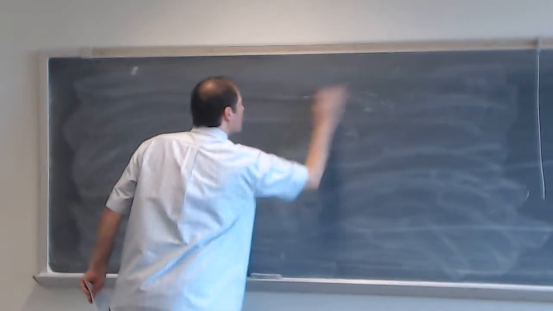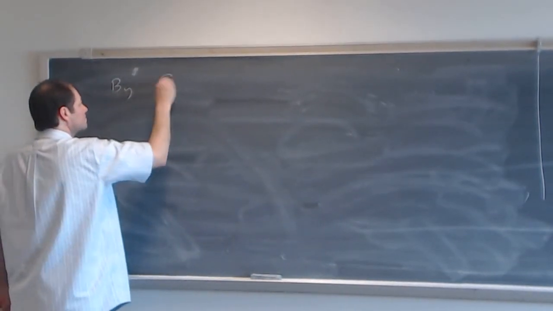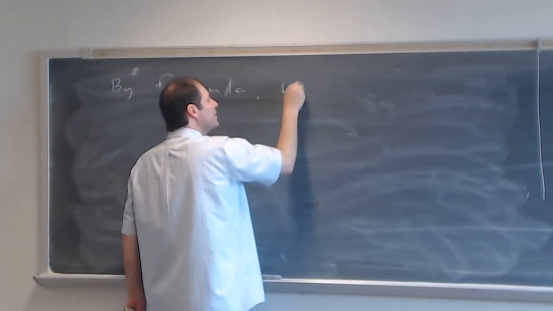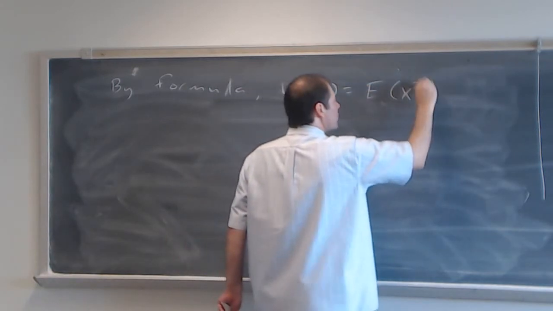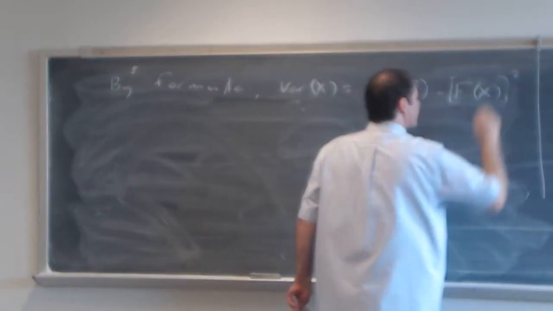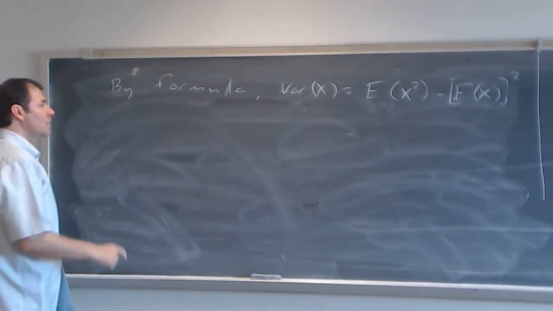Well, the variance of X is equal to the expected value of X squared minus the expected value of X, quantity squared.